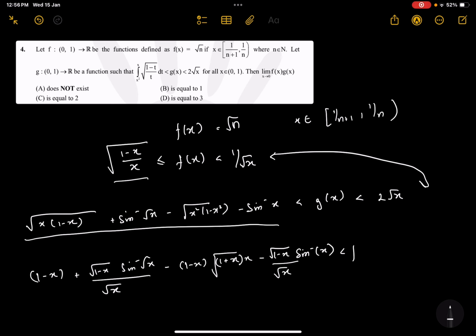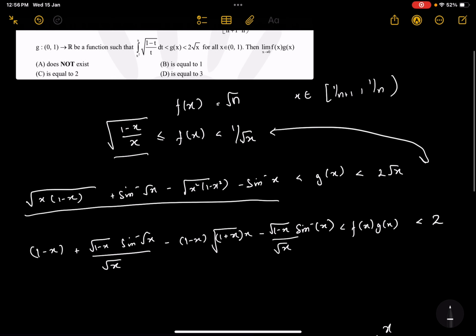This is less than fx gx, which is less than 2. Now we are asked for the limit x tends to 0 fx gx.